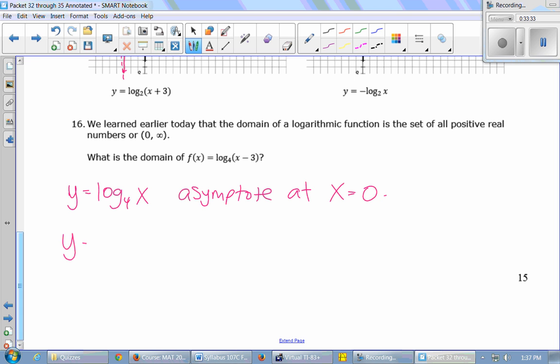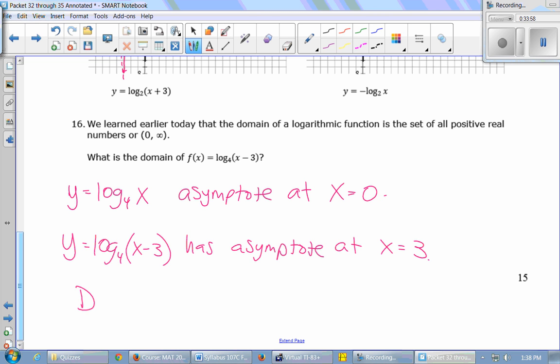So y equals log base 4 of (x minus 3) has an asymptote at x equals 3. We shift it 3 to the right. And that's going to shift our whole domain 3 to the right, because it won't pass that asymptote. So instead of being 0 to infinity, my domain will be 3 to infinity.